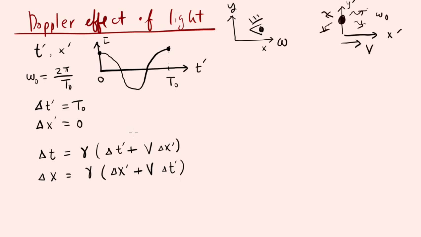Again, I'm using the unit c equals 1 in these equations. If you plug in those values, it's very simple really. This is gamma t0, and this is gamma v t0 also. So does that mean that the new period t that you measure in this rest frame is gamma times t0? No.